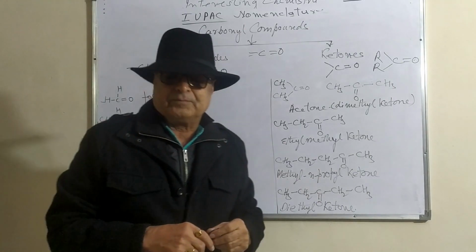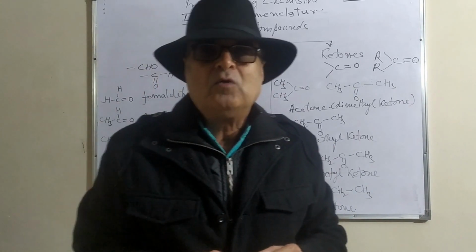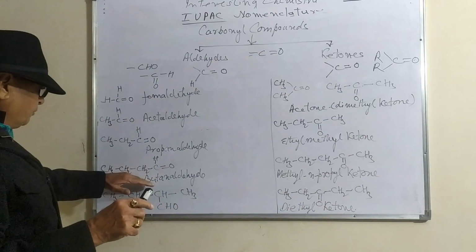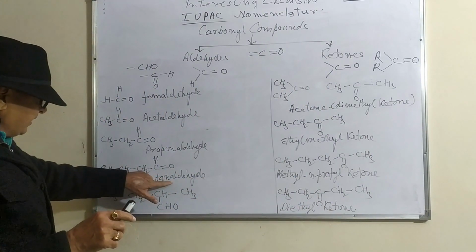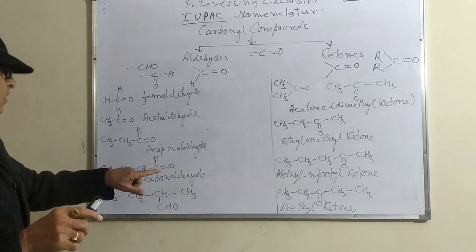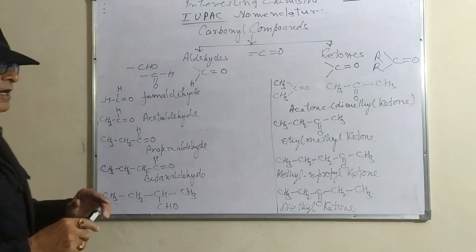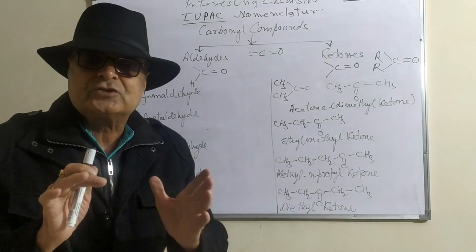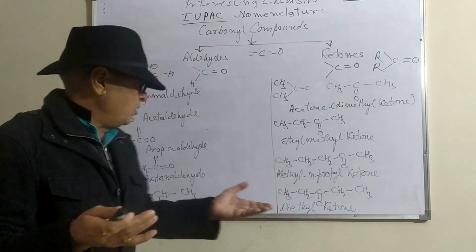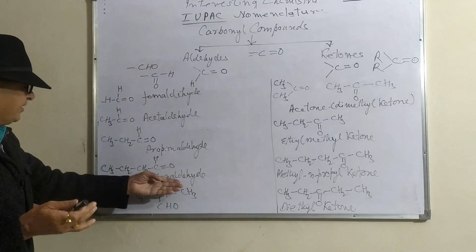There are 4 carbons in this compound, so the root name of this compound will be butane, because all the carbon atoms are joined with single bonds. So the name of the parent compound is butane.